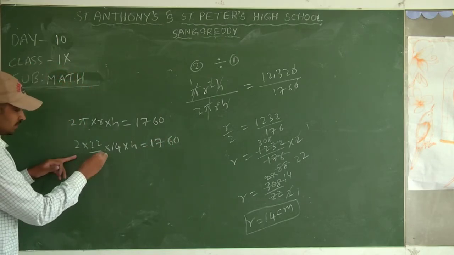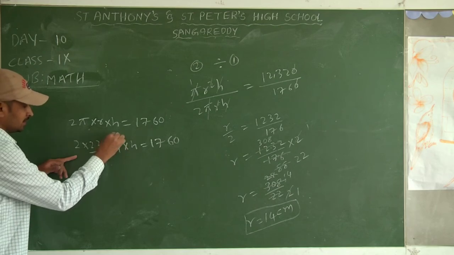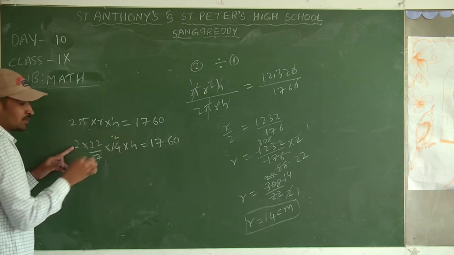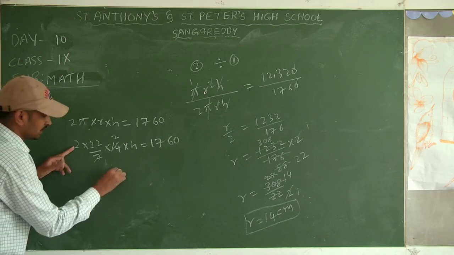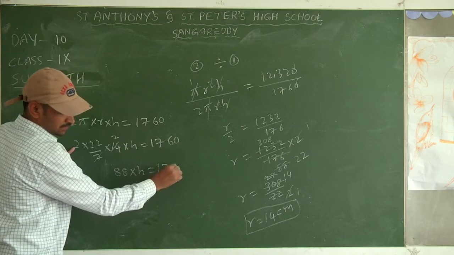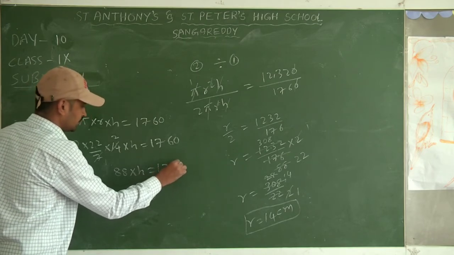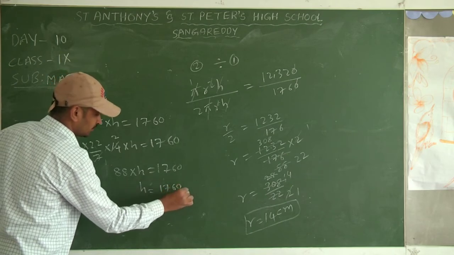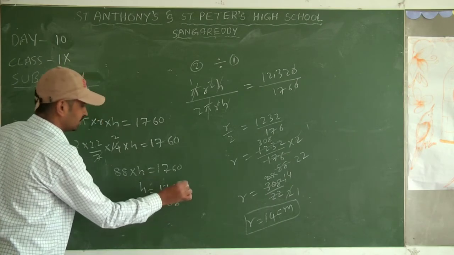Now 7 twos are 14, 2 into 22 is 44, 44 into 2 is 88. 88 into h equals 1760. H equals 1760 by 88.